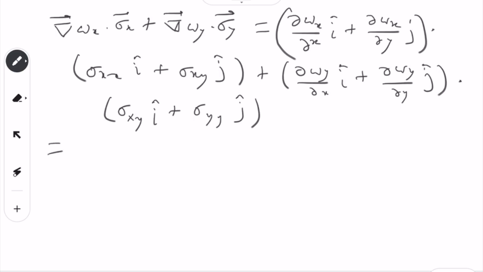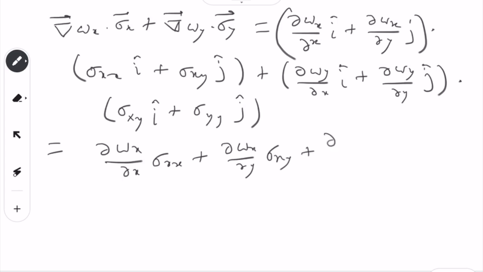Finally we will get del wx over del x sigma xx plus del wx over del y sigma xy plus del wy over del x sigma xy plus del wy over del y sigma yy.